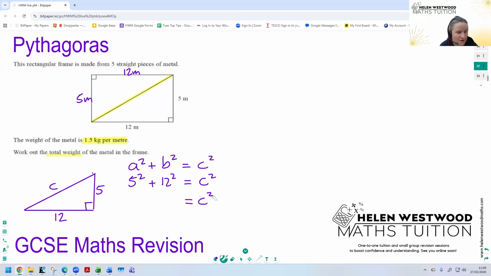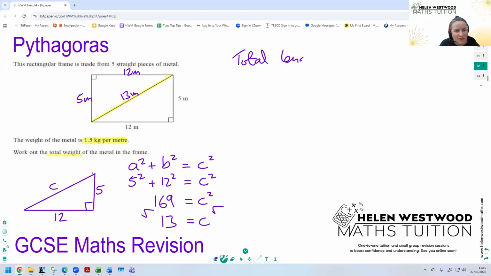So when we do our 5 squared plus our 12 squared, that gives us that C squared is 169. And then if we square root this, that gives us our answer of 13. So we know that this length here is going to be 13 meters.